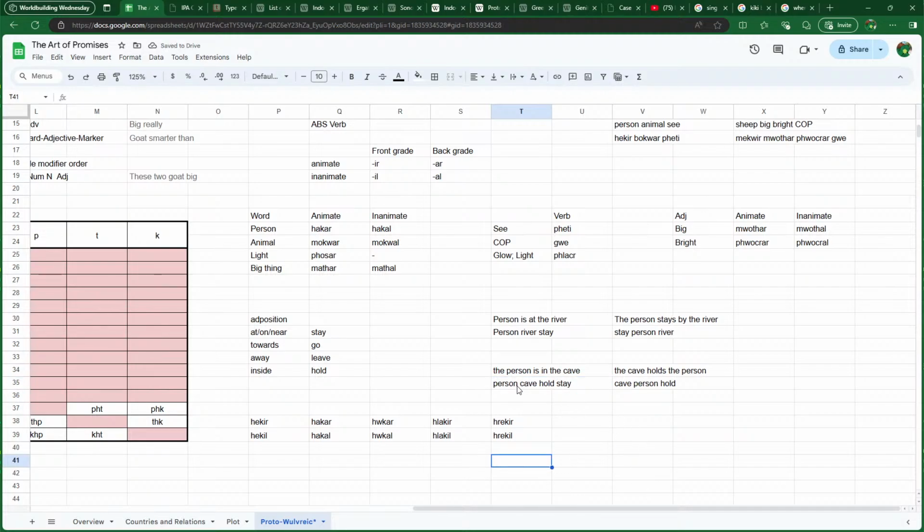Maybe? I think have. The cave has the person. I think that's a better construction.